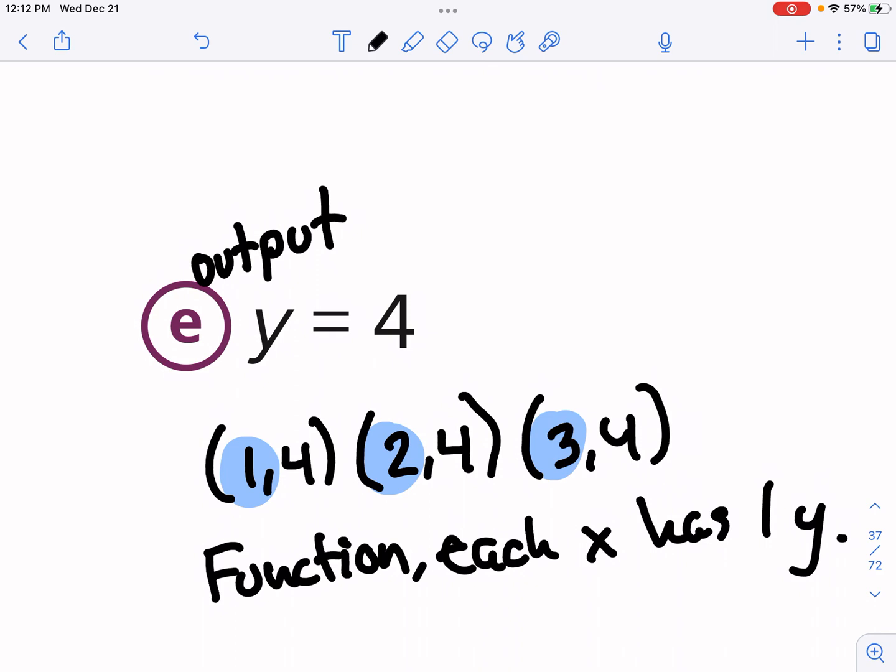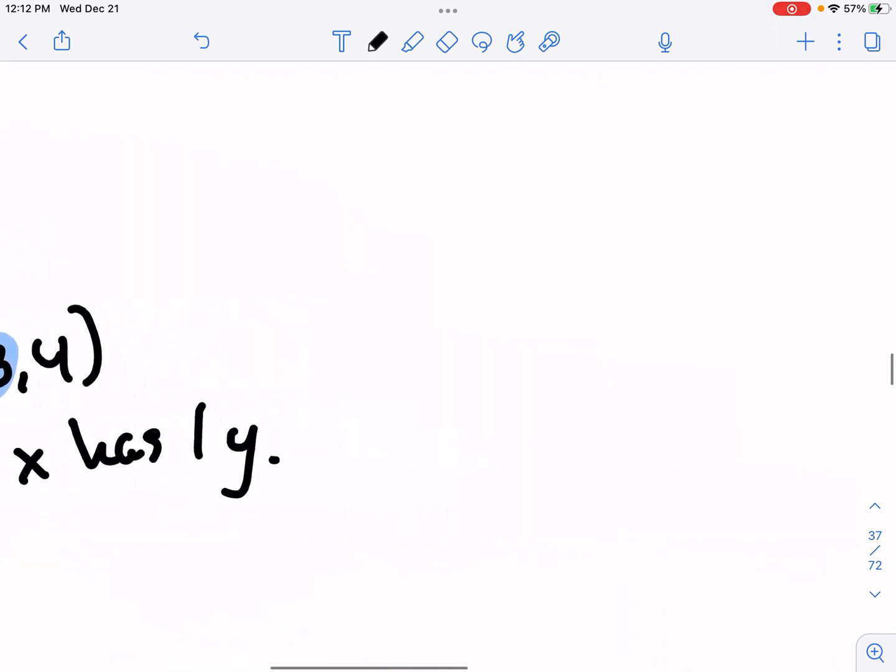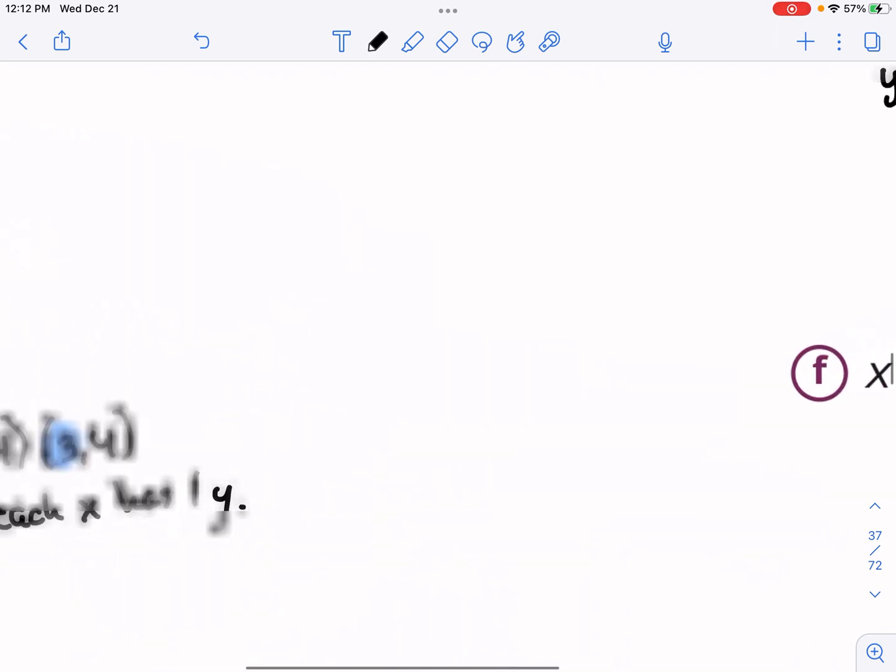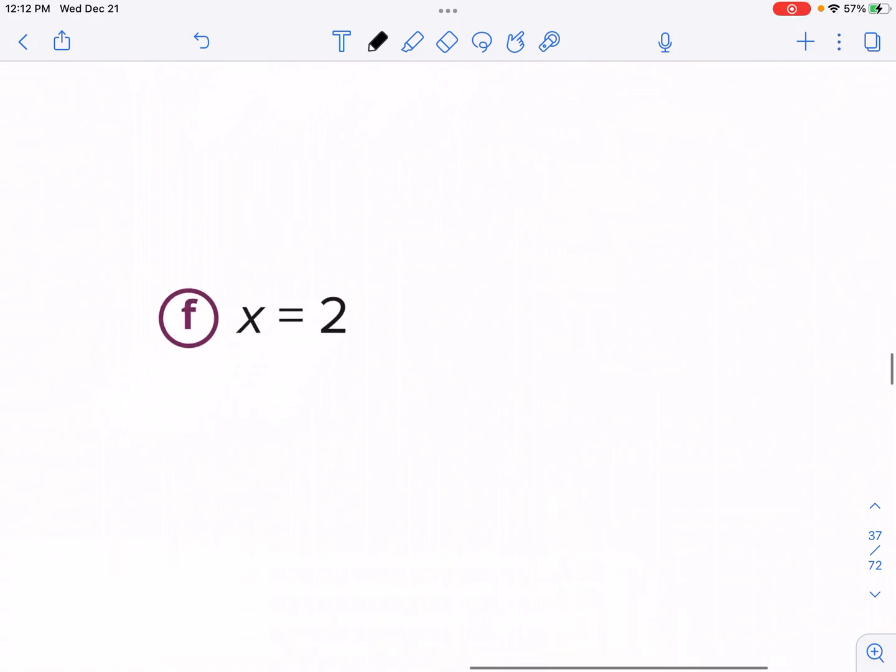Okay. And then lastly, f here. So x is equal to 2. Now, there's no place for me to plug a y, but remember, the x represents the input. So what this says is the input is always 2. So I'm going to put the x part equal to 2.